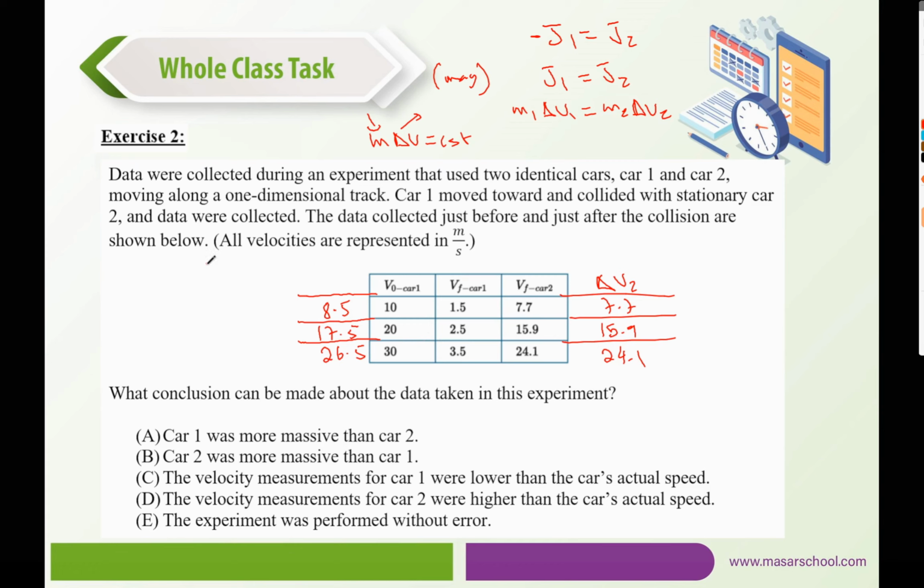So notice that delta v1 is greater than delta v2, which means mass 1 is less than mass 2. Based on this relation, car 2 was more massive than car 1.